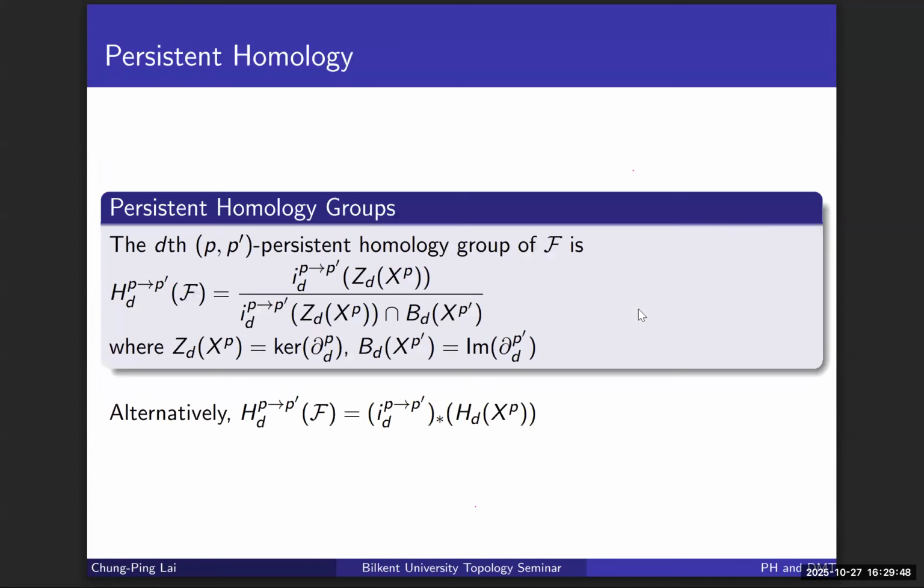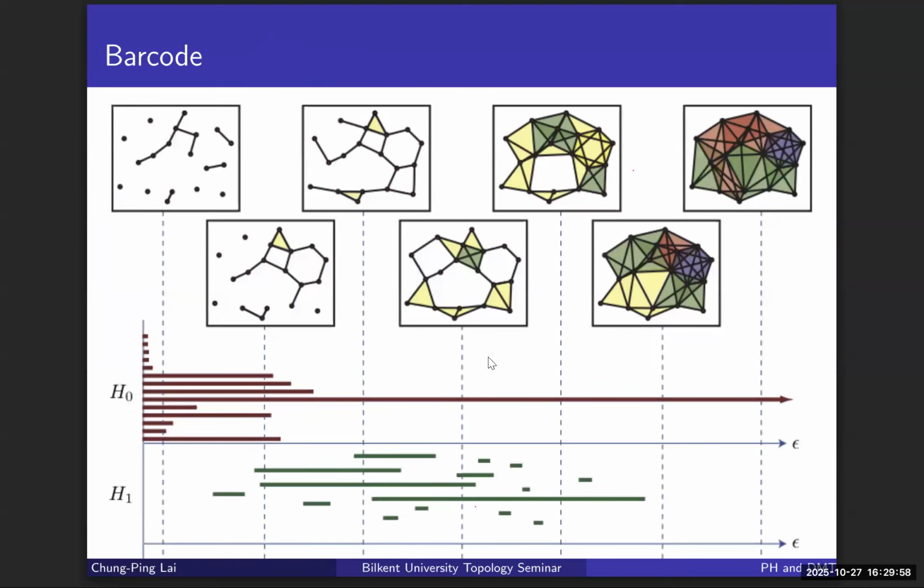The reason this persistent homology thing has a lot of interest, I should say this barcode thing, I'm glad you asked this question because then I get more opportunity to explain persistent homology.